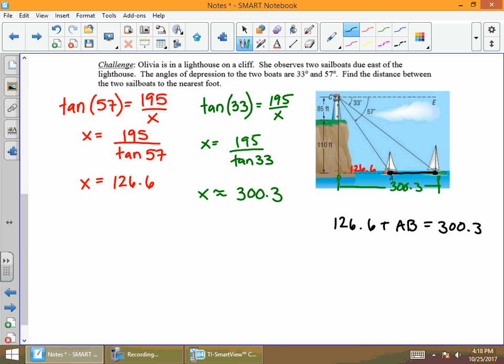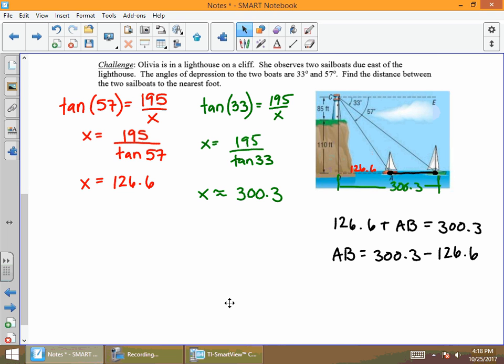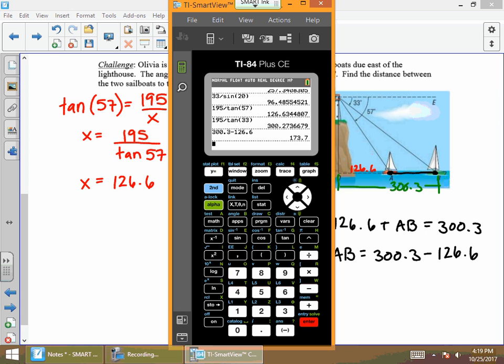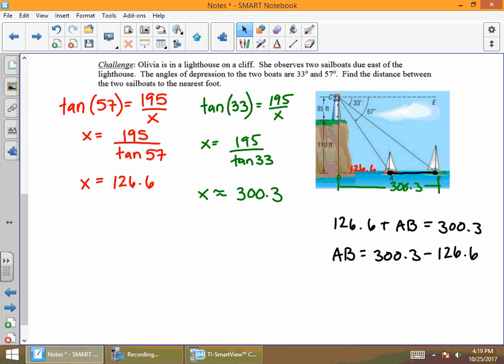So this distance AB is pretty easy to find. AB is just going to be found by doing 300.3 and subtracting 126.6. So let's go to the calculator one last time. 300.3 minus 126.6 is a distance of 173.7.